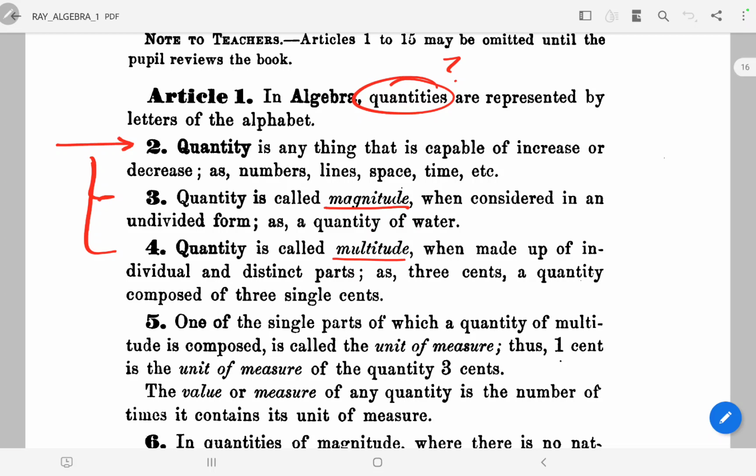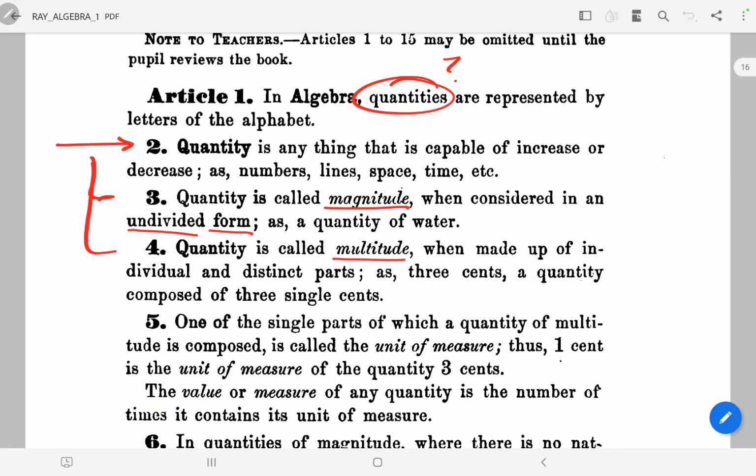In Article 3 we read, "Quantity is called a magnitude when considered in an undivided form." Another way we can express this is as a whole body. So when a quantity, something that can increase or decrease, is a whole body, an undivided form, we call that quantity a magnitude.